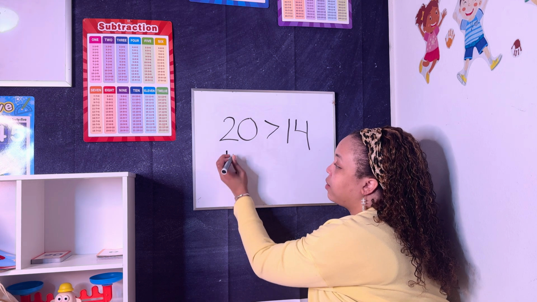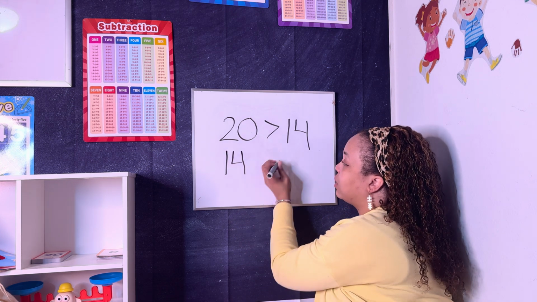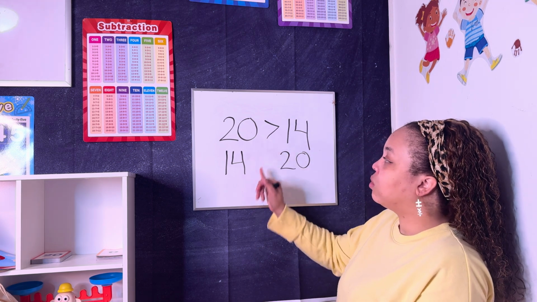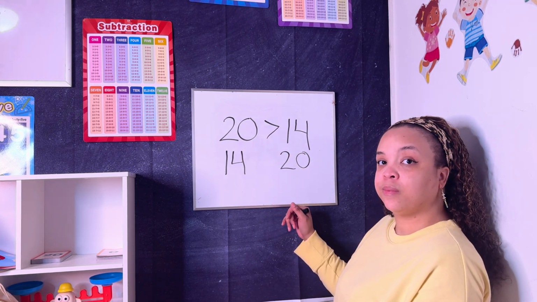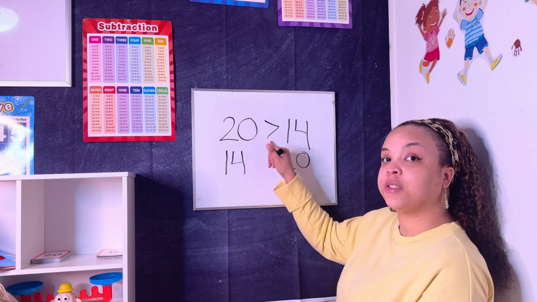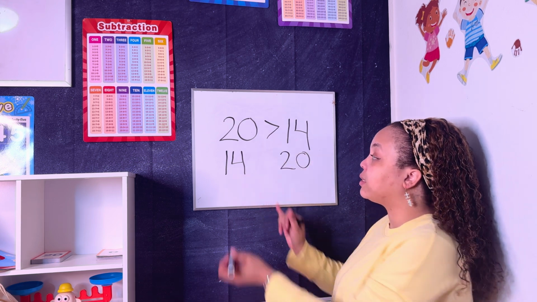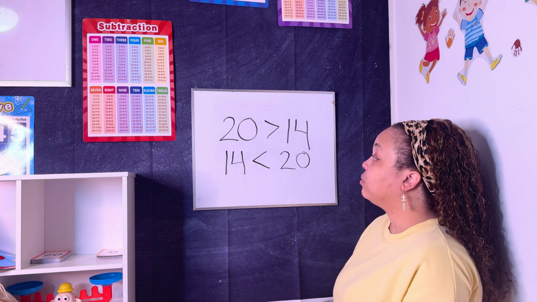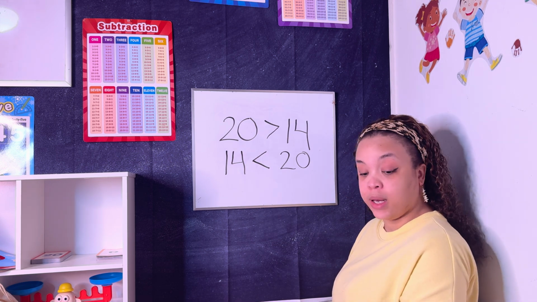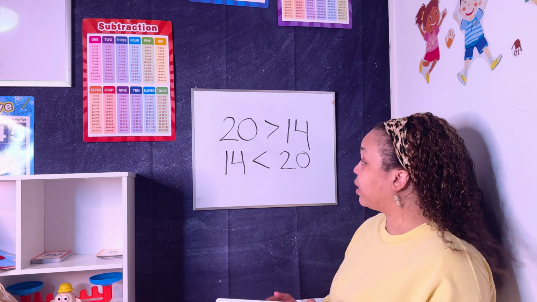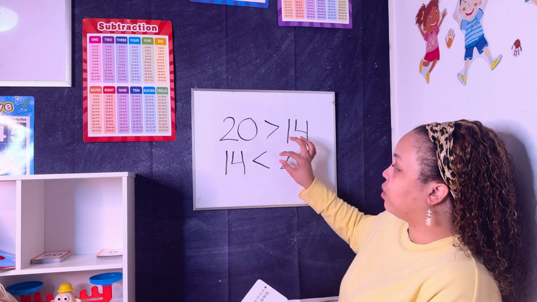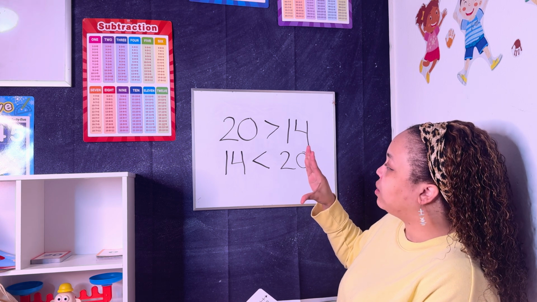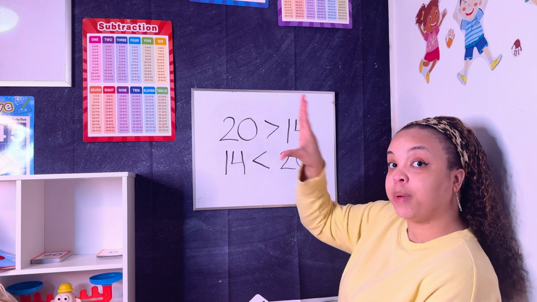So if I write 14 and 20, what changes? This changes. So 14 is less than 20. And you know something that's actually funny? It's like a mouth, right? So whichever way the mouth is facing is saying that's bigger.